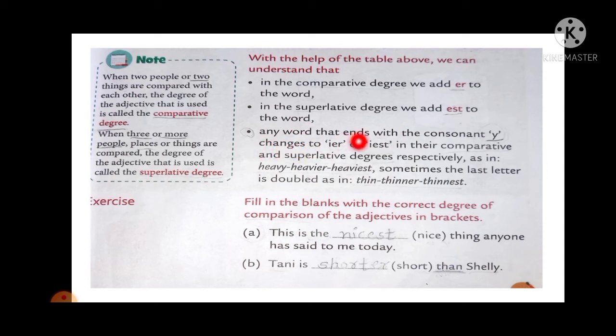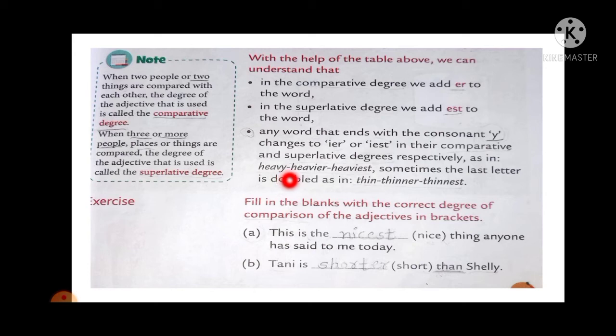Any word that ends with the consonant y changes to ier or iest in its comparative and superlative degrees respectively, as in heavy. Look at the spelling of heavy. The spelling ends with the y.